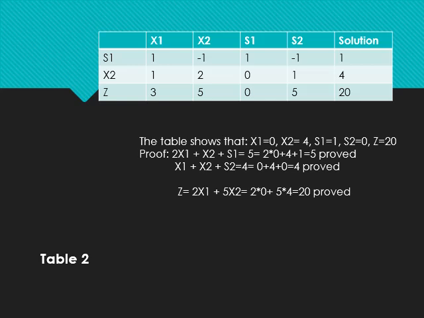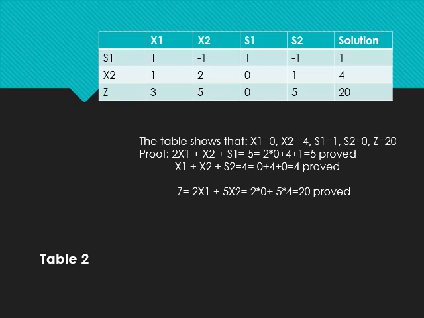As proof, let's bring the earlier slides. The first constraint states that 2x1 plus x2 plus s1 equal 5 as given.